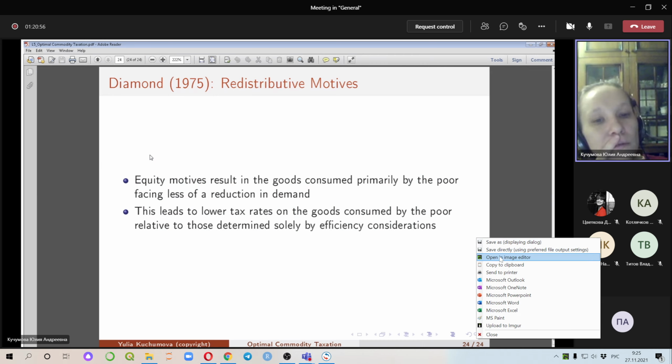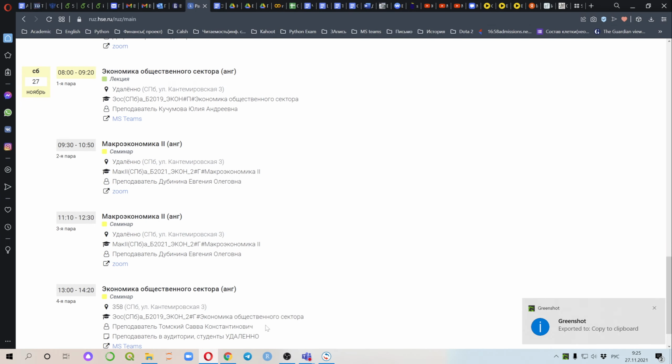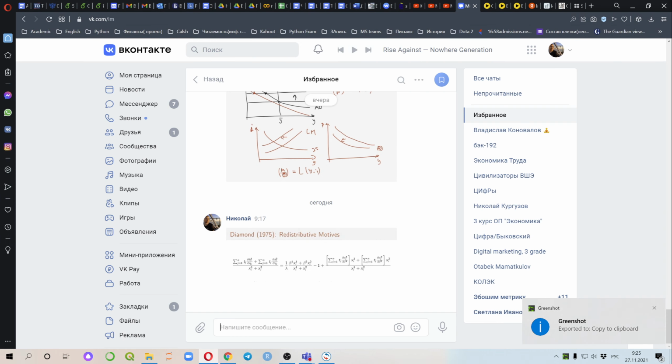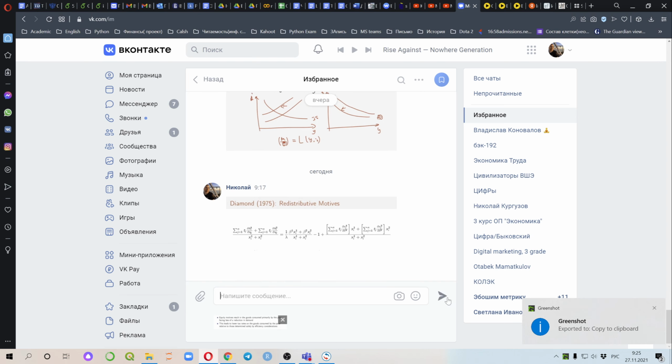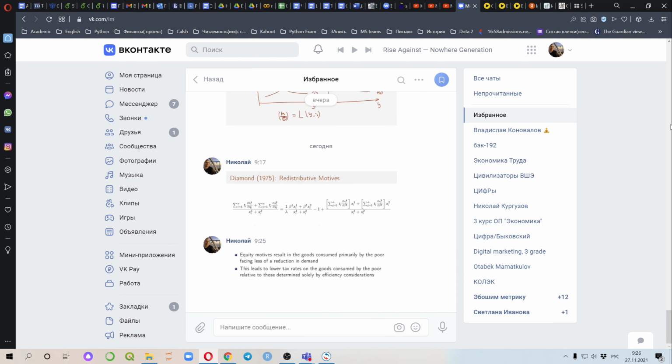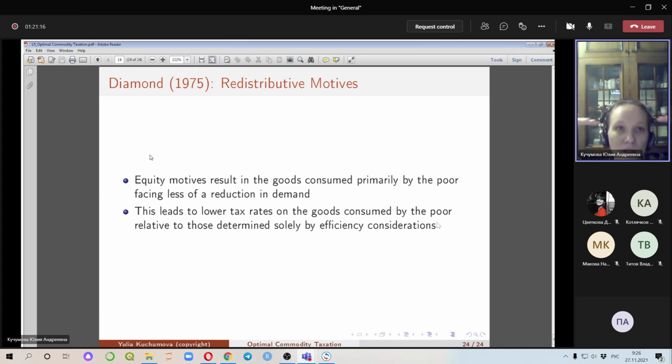I'm just reading the slide. So the essence is that we are adding equity considerations into our efficiency setup. The Ramsey model is pure efficiency consideration. The Diamond model adds redistributive consideration in addition to efficiency consideration.